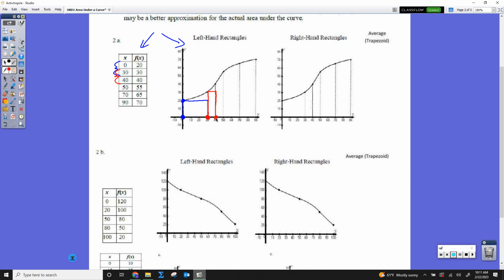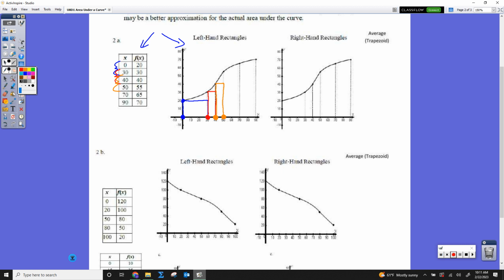We're going to continue that process all the way through until we've captured all the rectangles that we can for our graph. So the next one, let's just go 40 and 50. 40 is on the left, so we go up, flatten our rectangle out, come back down.